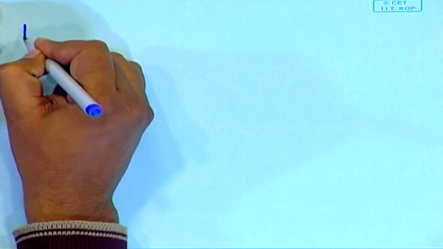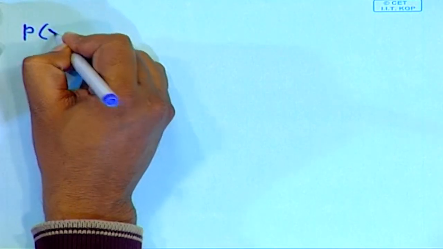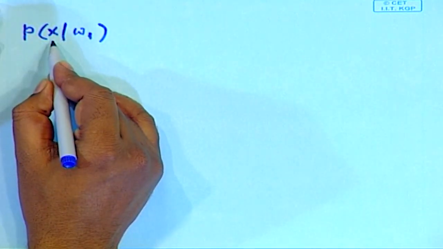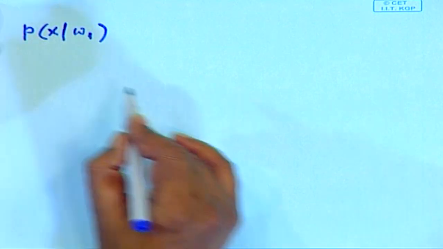Okay. So, if I assume that the features are conditionally independent, then I can write the probability function P of x given omega 1, where x is the feature vector which has d number of binary valued feature components.